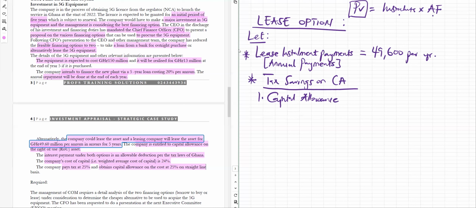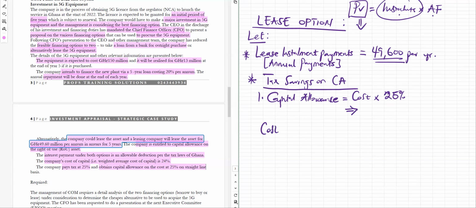Our capital allowance is the cost of the asset by the rate that was given, and in this question the rate was 25%. So we need to find the cost of the asset. How do you get the cost? The cost will be equivalent to the present value after discounting the cash flows from the lease installment payments.